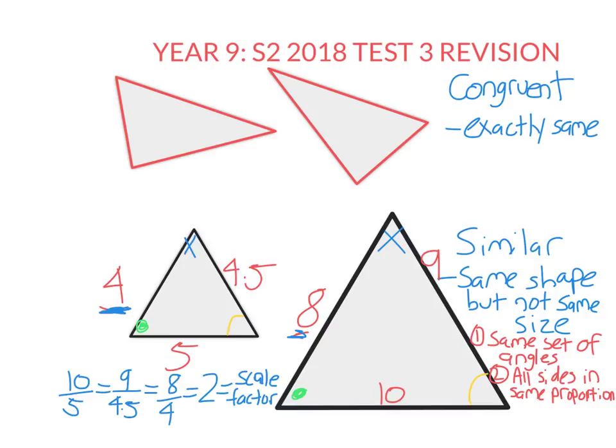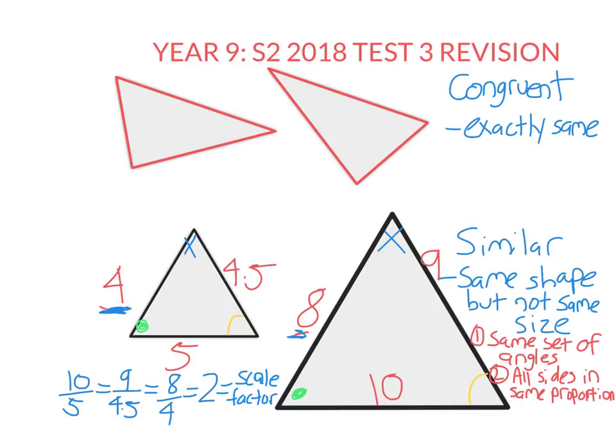So if I rubbed this out and now told you that this side was 11, the two shapes would no longer be in proportion. It will, of course, mean that this angle here would be slightly different. So we can't have that. All sides need to be in the same proportion. Okay, so that's what it means if two shapes are similar.